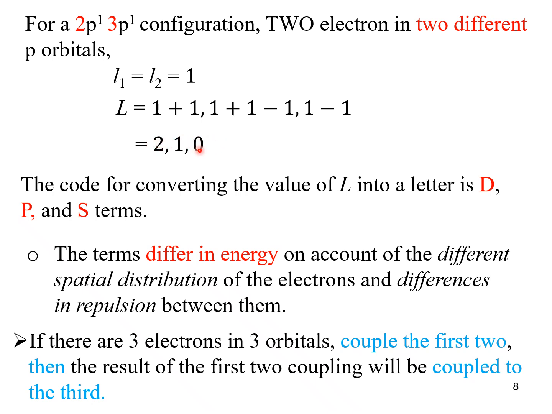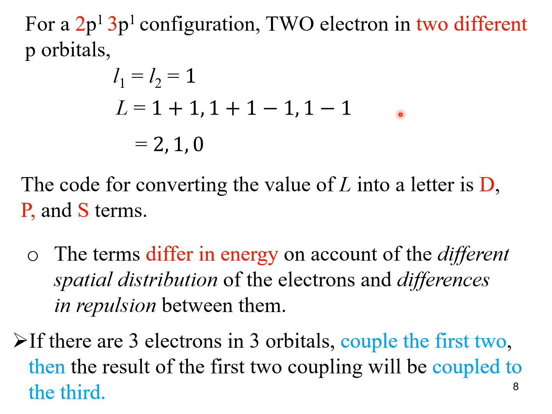From 2 and 0, we subtract 1 from the maximum, so we get 1. 1 minus 1, we come to the minimum value. Therefore, these are the 3 possible values for the capital letter L, the total orbital angular momentum quantum number. The code for converting the value of L into a letter is D state, P state, and S state.